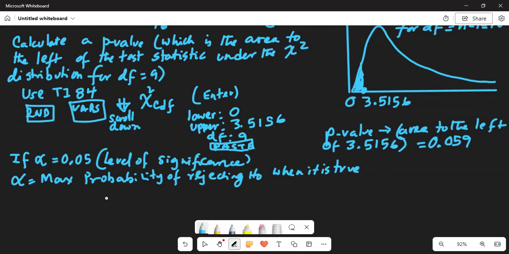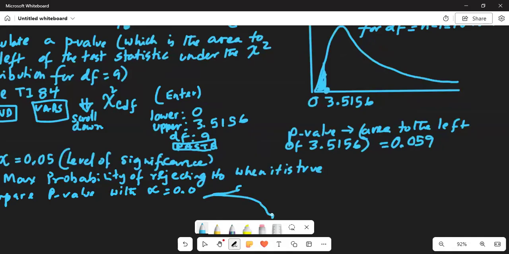Okay. So compare p-value with alpha equal to 0.05.